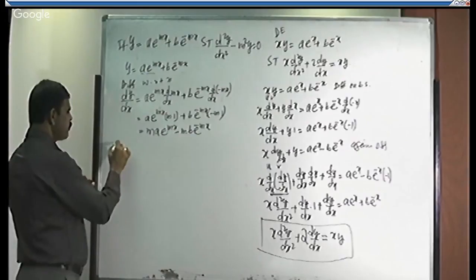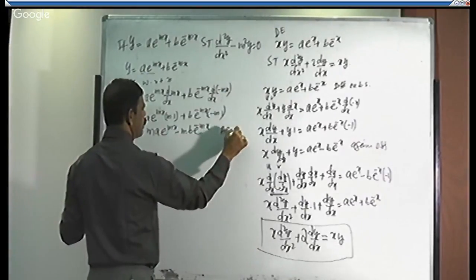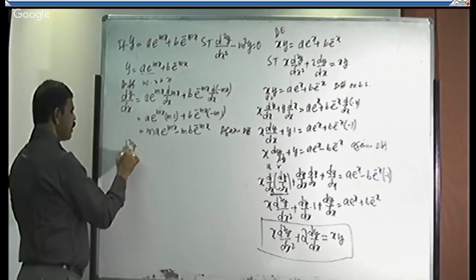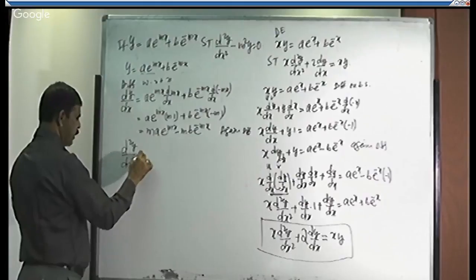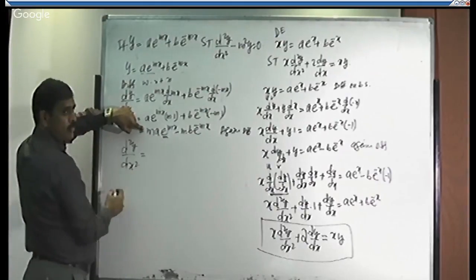Further, again differentiate. What will you get? You will get d square y divided by dx square. Keep constant and then differentiate function, right?